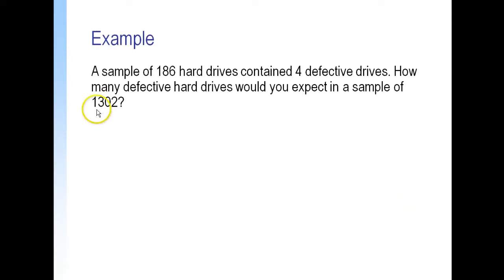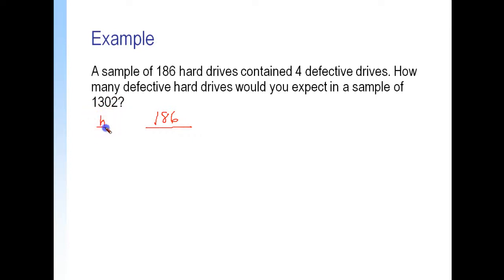Now, here we're looking at something else. We have a sample of hard drives. We have 186 hard drives. In fact, I'm going to put it here. Hard drives.